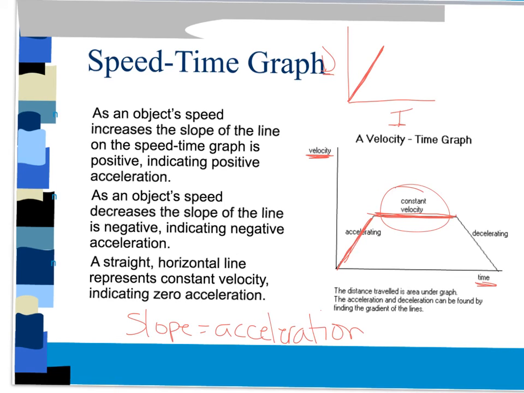All right. So if the slope is negative, the acceleration is negative. If it's a straight line, if there's no slope, there's no acceleration. All right. So we'll look at this more. I just want to at least introduce it.